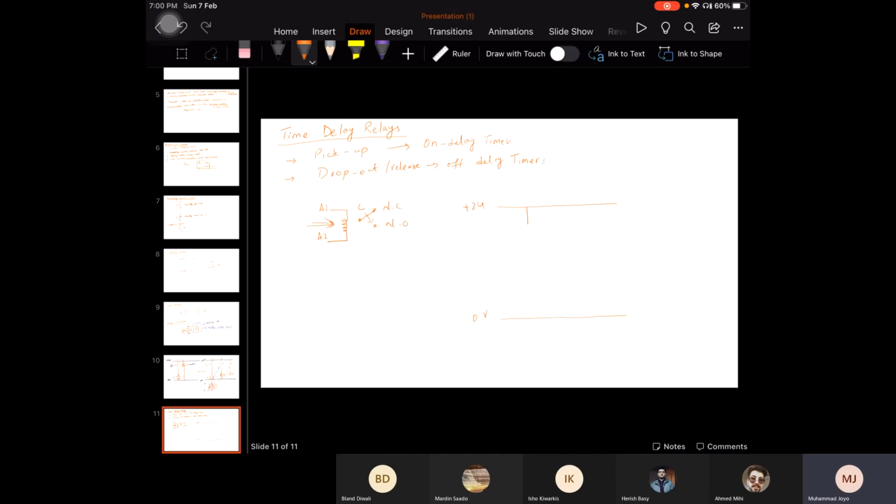So we have a switch S1 connected to a relay, but the representation of it is a little different. For a pickup delay, we attach a cross to it, which represents a time delay before switching. After this time delay, it will switch on.